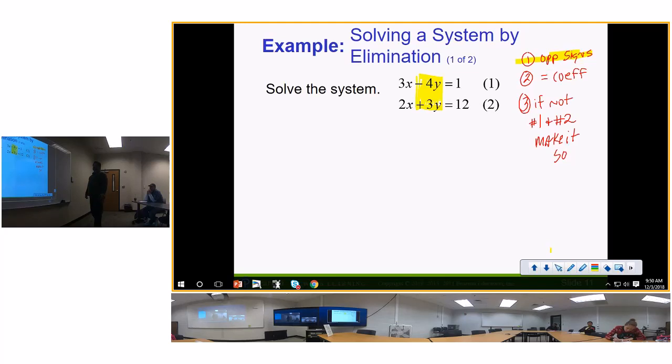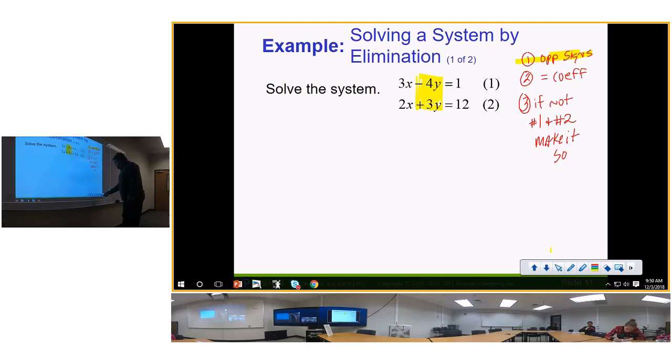So what we're going to have to do, since I do not have equal coefficients, I'm going to take my blue marker here. Okay, this thing's going crazy. So I've got to go down to number 2, I've got to make it so. All right?